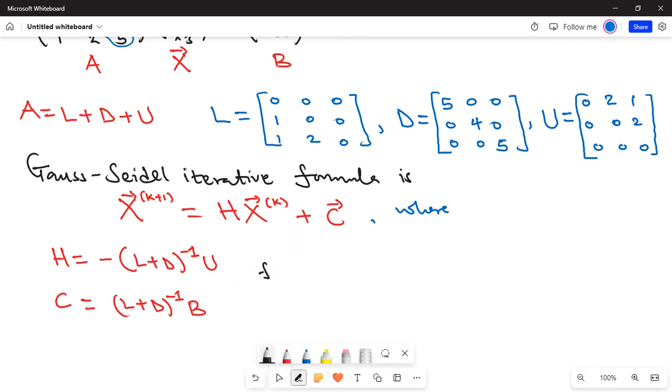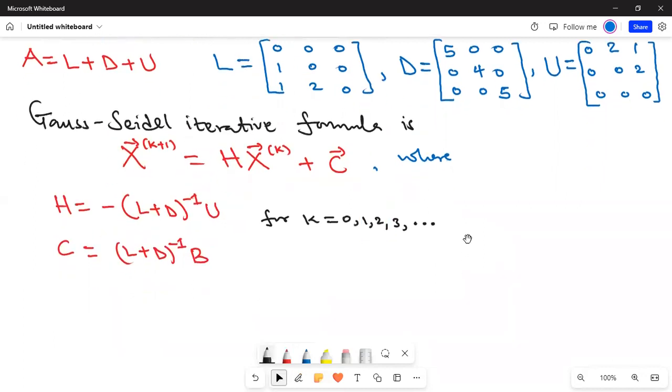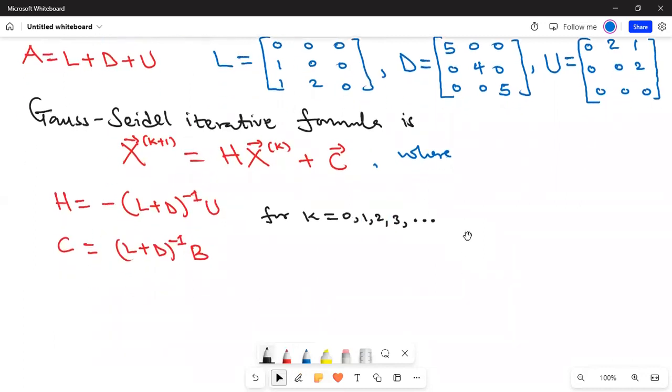You can write for k equals 0, 1, 2, 3, etc., depending on the number of iterations that you need to perform. So now, back to our problem. We need to compute H and C. And once you have their values, we go back to our iterative formula and perform 3 iterations.